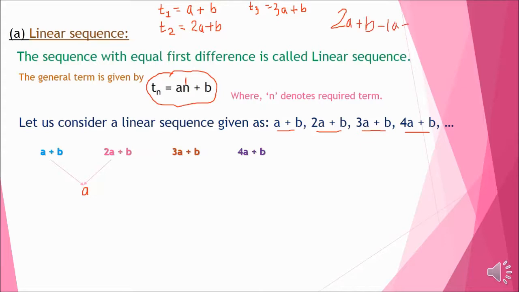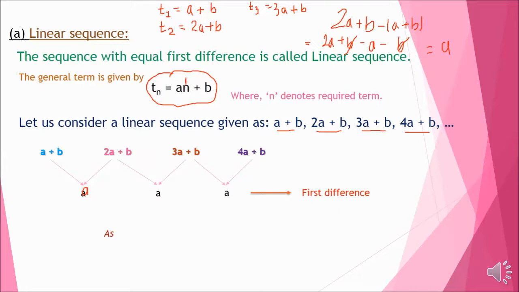If we open the bracket, it will be 2a plus b minus a minus b. So b and b got cancelled and 2a is subtracted with a and we can find a. Similarly, that is a, that is also a, you can do it.